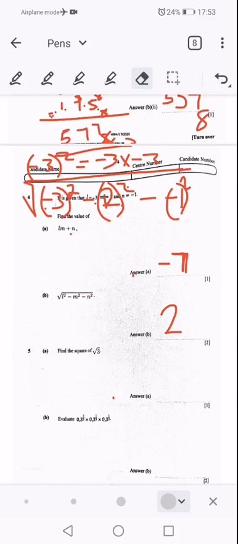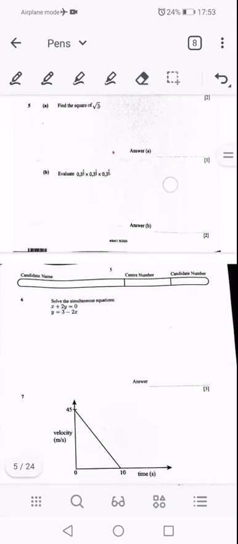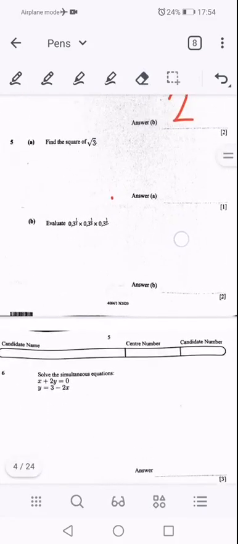Right, then question number 5. Question number 5 says, find the square of root 3. Find the square of root 3. This question is the same as, let me say, find the square of 5.